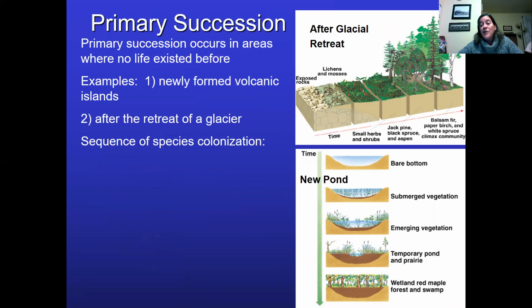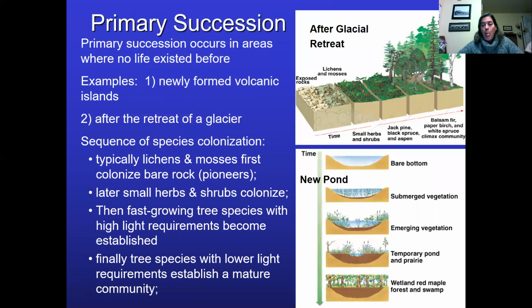So let's go through primary succession first. So, things like a newly formed volcanic island, or a glacier that's been sitting on rock for a long time retreats, and there's nothing there because the glacier's been there for a long time. So generally early on, you get kind of like lichens and mosses because they can colonize the bare rock. And then over time, they break that rock up, make the soil, so you can start getting bigger plants.